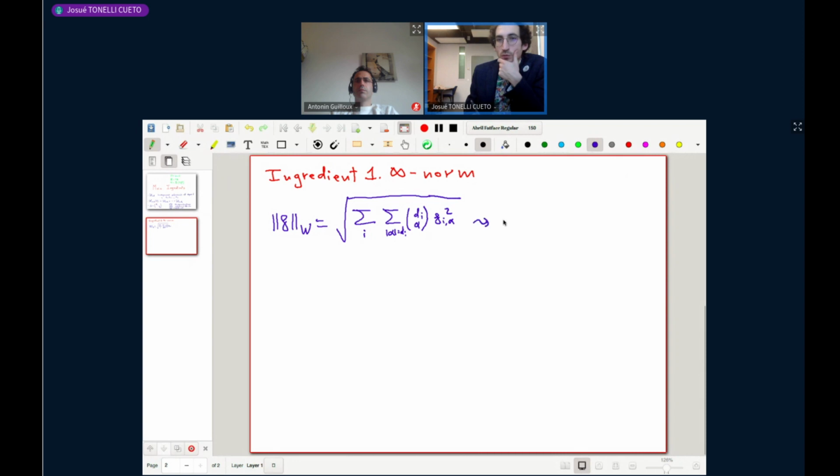We will be using what I will call the infinity norm, which is a lot nicer. It's the maximum over i and the maximum over x belonging to the sphere S^n of |f_i(x)|.